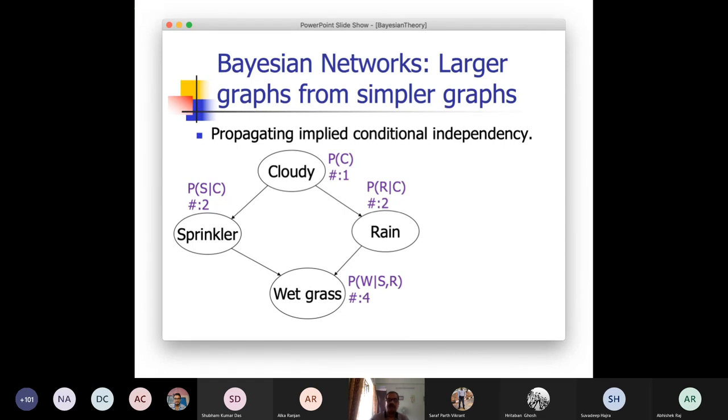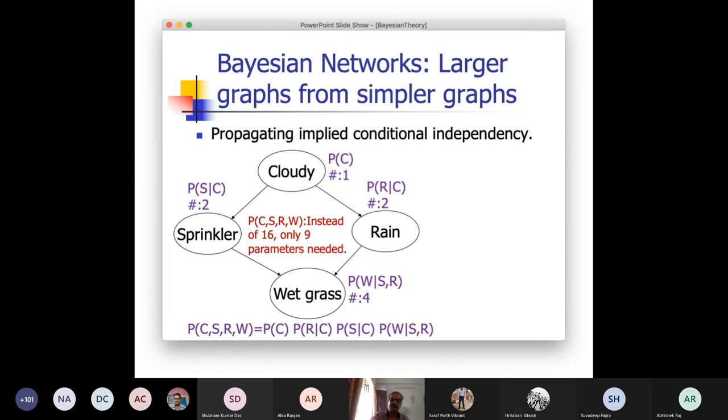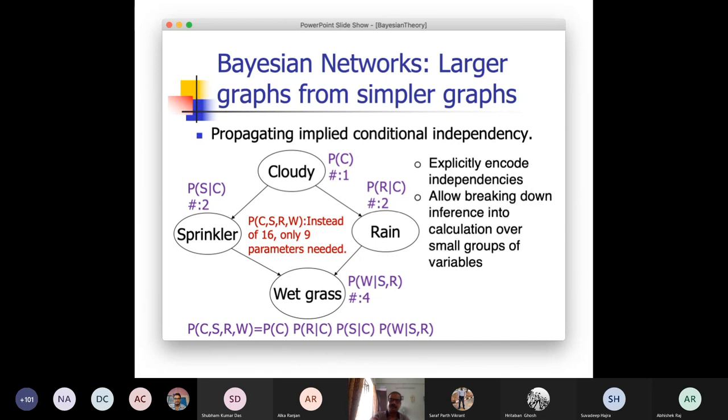So in this case, you actually have nine parameters, and how many combinations are possible with these four variables? 16, right? So this kind of savings is achieved. For a large network, savings are significant.